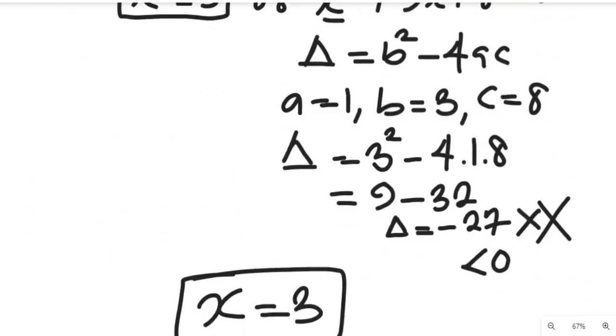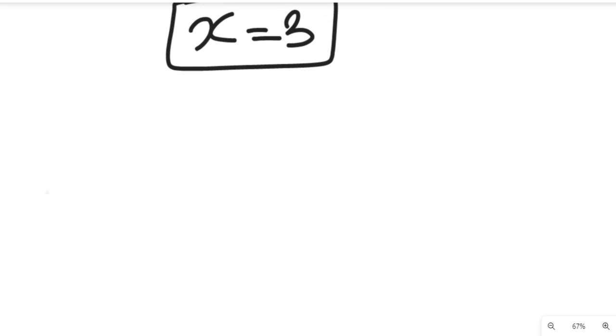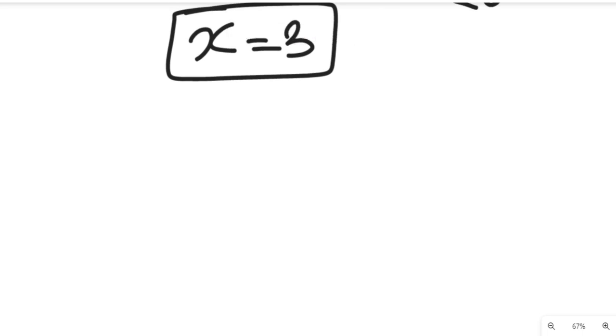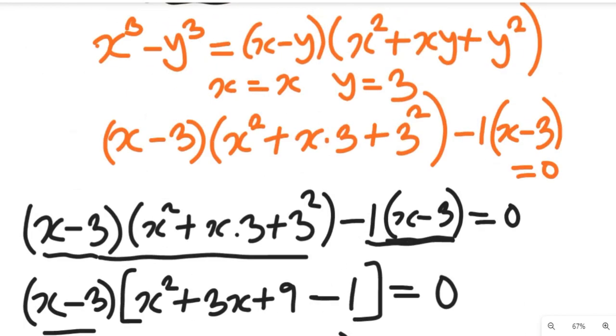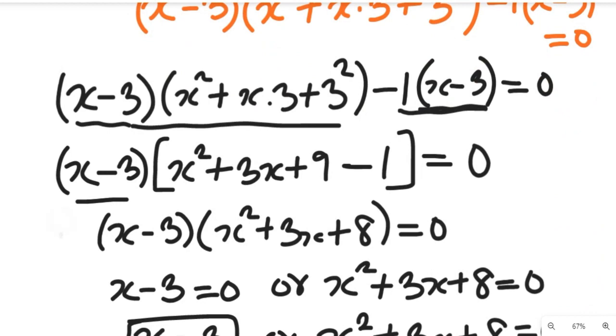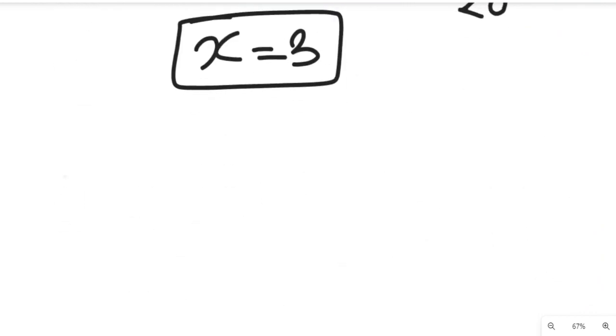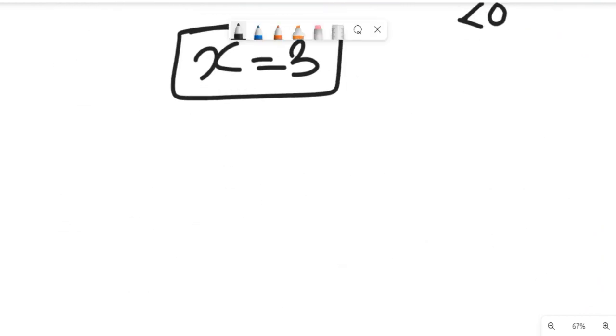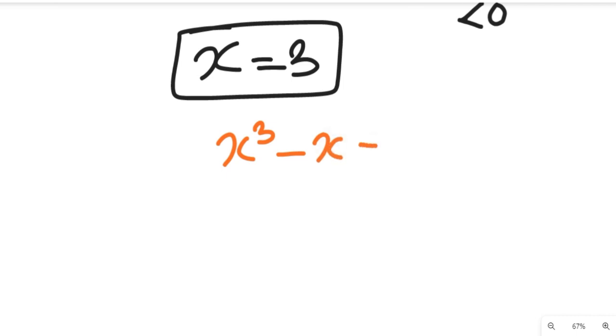So I want us to check if our solution is actually correct. From the initial expression, we are given x to the power of 3 minus x equal to 24.